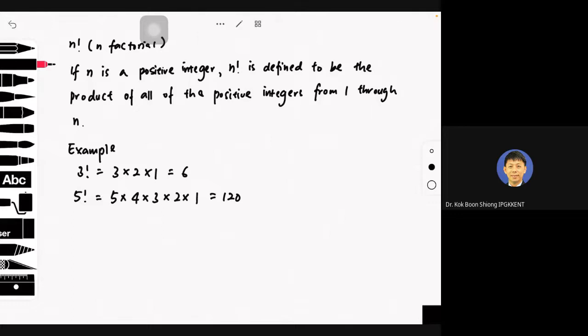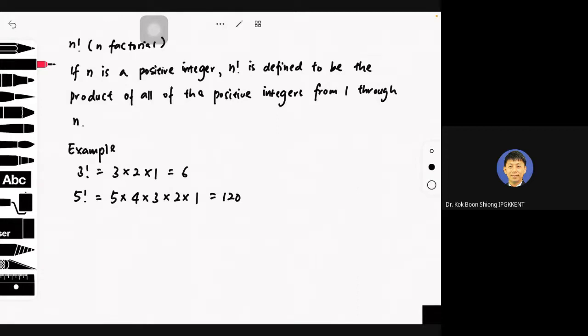If n is a positive integer, n factorial is defined to be the product of all the positive integers from 1 up to n. For example, 3 factorial is 3 times 2 times 1 equals 6. 5 factorial is 5 times 4 times 3 times 2 times 1 equals 120. So this is a factorial.